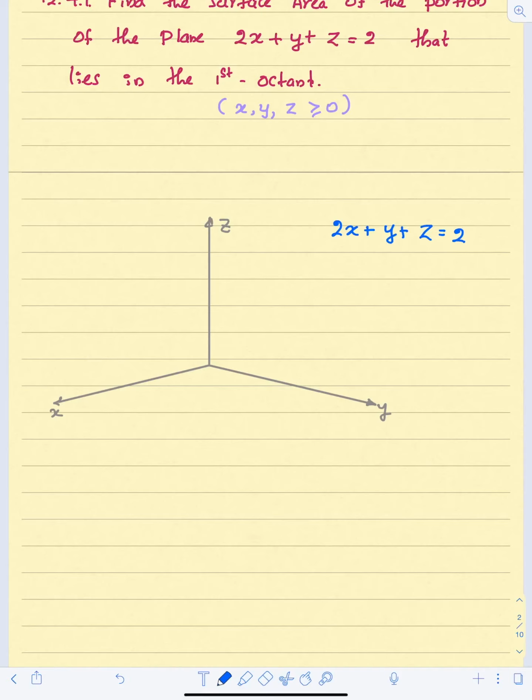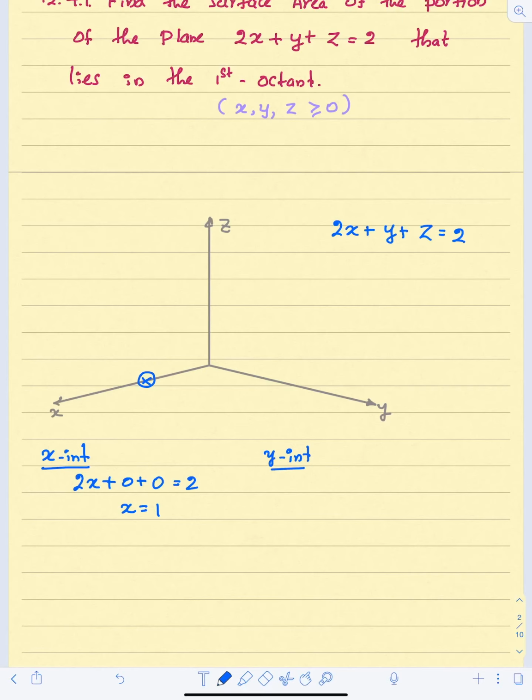As an example, to get the x intercept, substitute y equals 0 and z equals 0. Then you will get 2x equals 2, therefore x equals 1. So that's the x intercept.